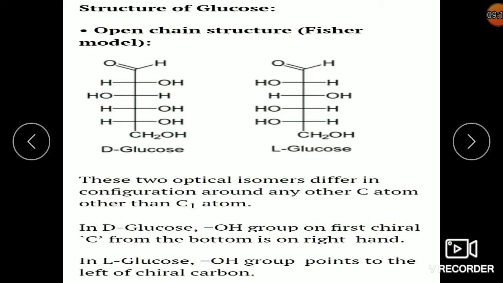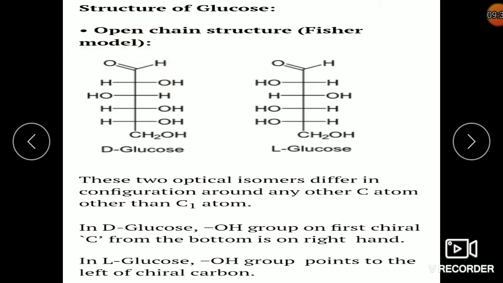Now we get 2 isomers of glucose, one is D-glucose, another is L-glucose. In D-glucose we get 6 carbon atoms in the chain. Here you see the functional group is the aldehyde group, C double bond O H, and you are getting so many hydroxyl groups. So it is a polyhydroxy aldose, because aldehyde is the functional group present in the structure.